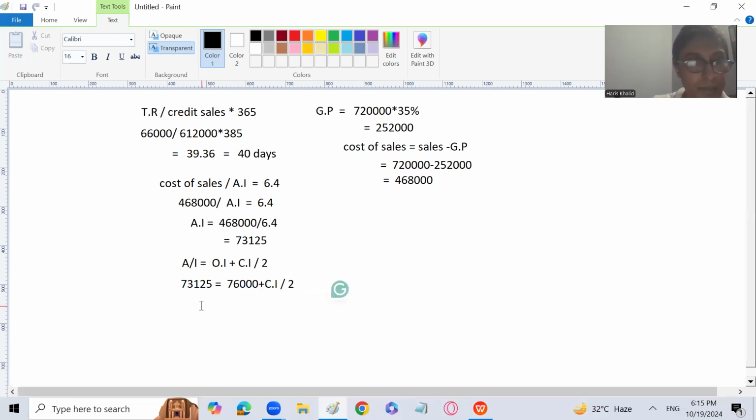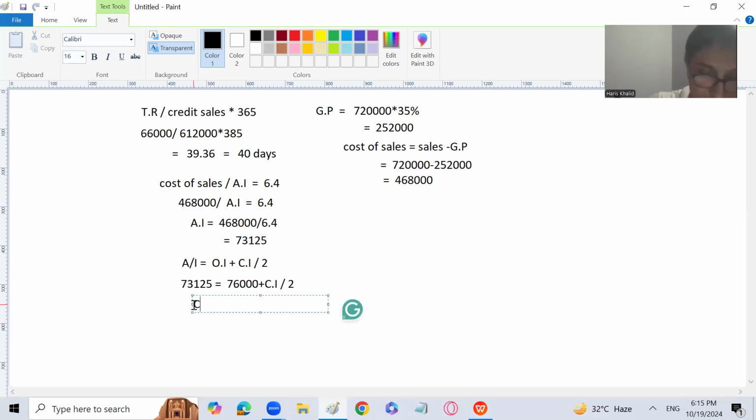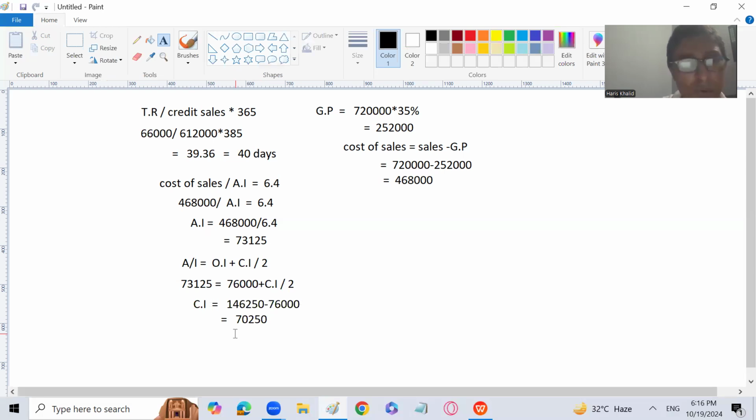So 2 will be multiplied by 73125, and then 76,000 will be subtracted from the total to get the closing inventory. 73125 into 2 is 146,250, and minus 76,000, you will get the closing inventory, which is the requirement of the question. 146,250 minus 76,000, 70250 is going to be the closing inventory.